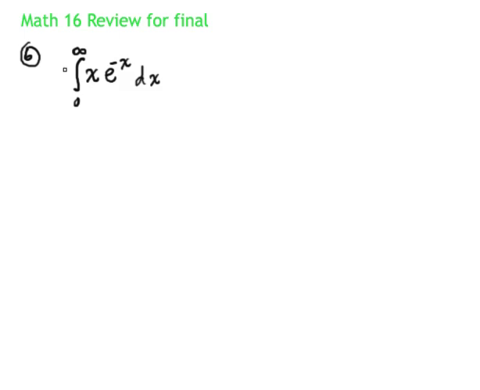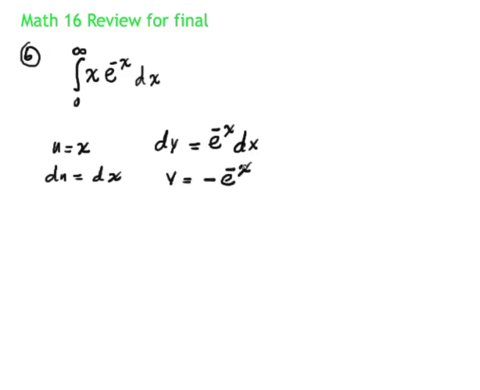In number 6, we have an improper integral, and it's this infinite limit over here that makes it improper. We're going to integrate this using integration by parts. We'll put u equal to x, and du is dx. And we'll put dv equal to e to the minus x dx, and v is equal to minus e to the minus x.